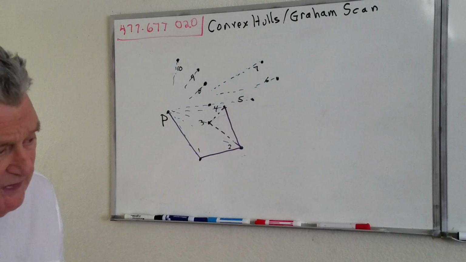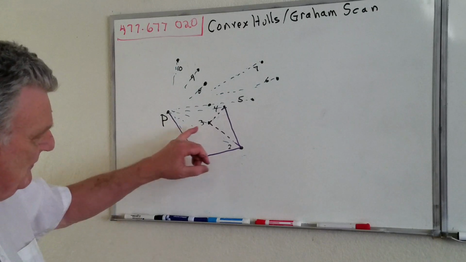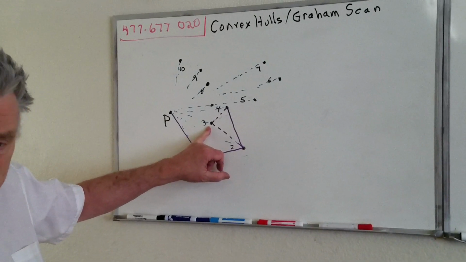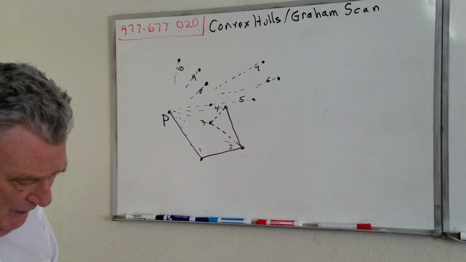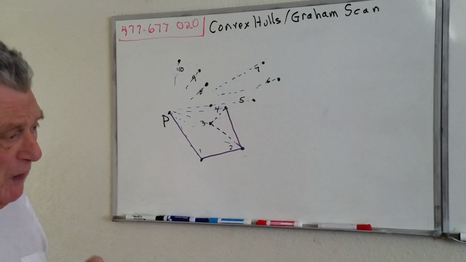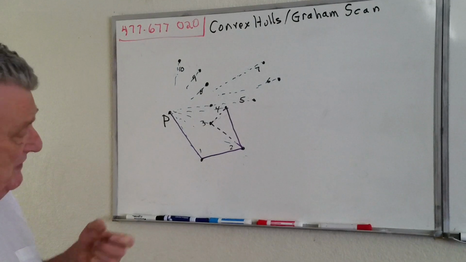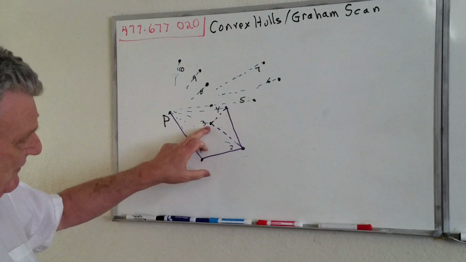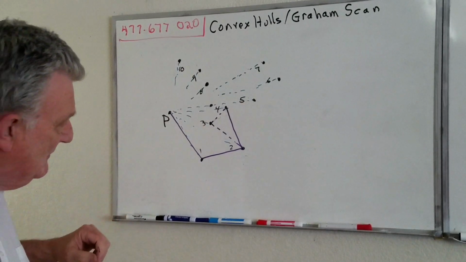And the answer is a stack. The points that are deleted are always on the top of the stack. So every time we see a new point, we're going to push it on the stack. But before we push it on the stack, we see if it kills the top element of the stack. Maybe it'll kill the top 2 elements of the stack.